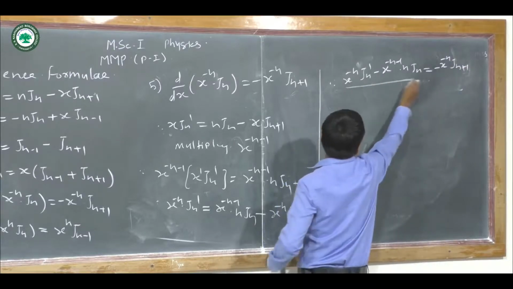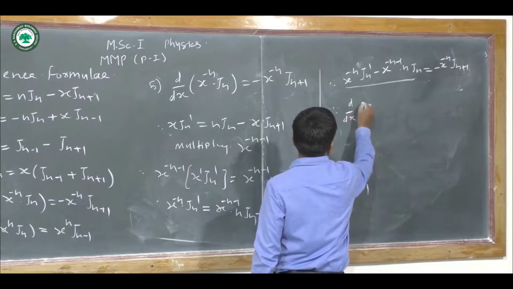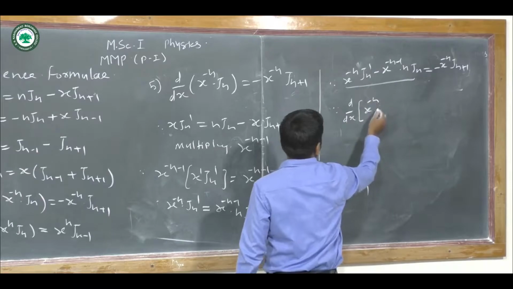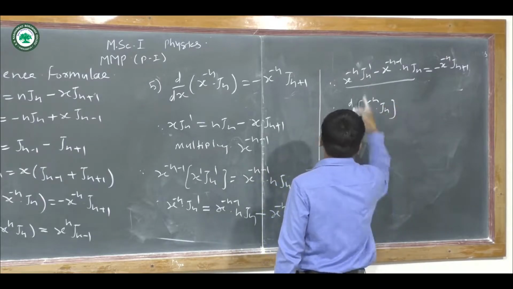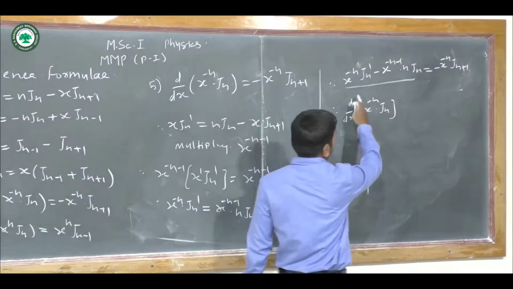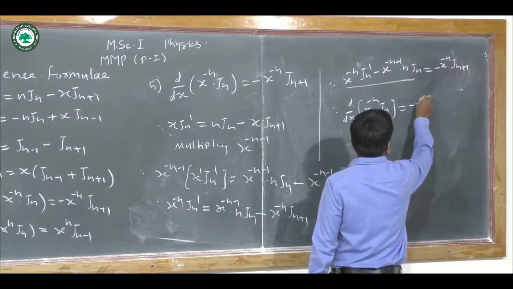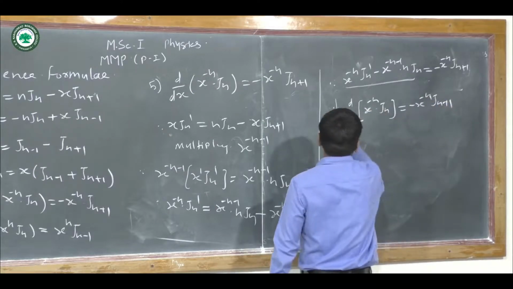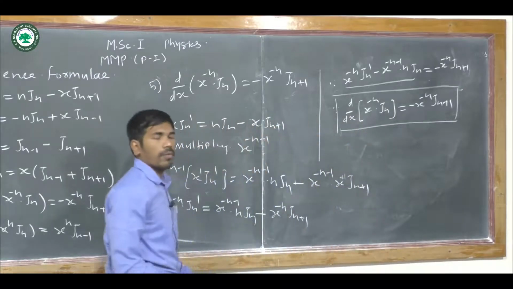These expressions we can write as d by dx of x power minus n into Jn, because this Jn is also a function of x, so we differentiate with respect to x, is equal to minus x power minus n into Jn plus 1. So this is the fifth recursion relation for the Bessel functions.